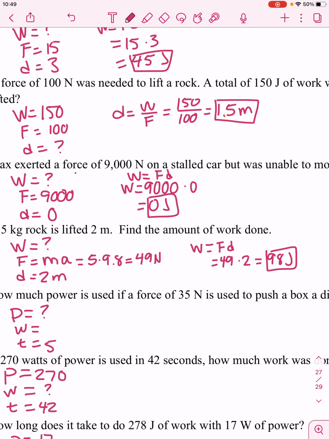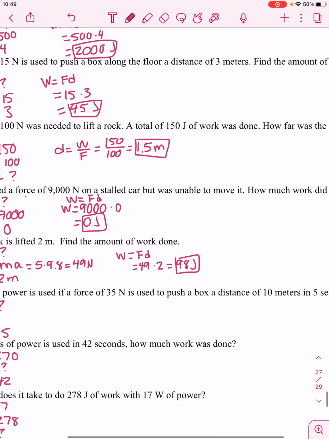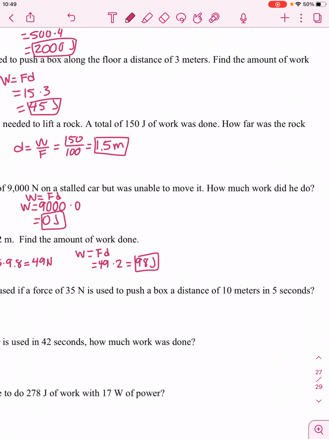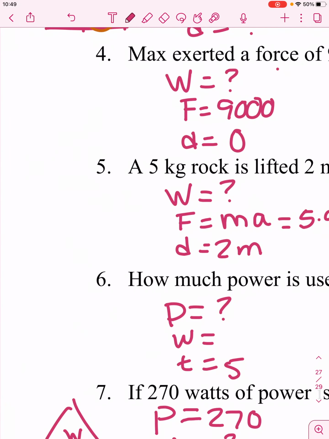All right, number 6 says how much power is used if a force of 35 newtons is used to push a box a distance of 10 meters in 5 seconds. Normally my equation for solving for power, which we just learned yesterday, is power equals work divided by time.